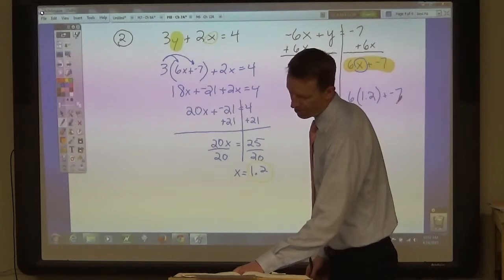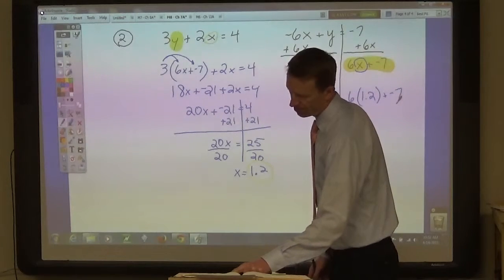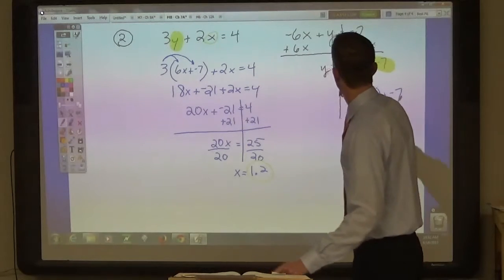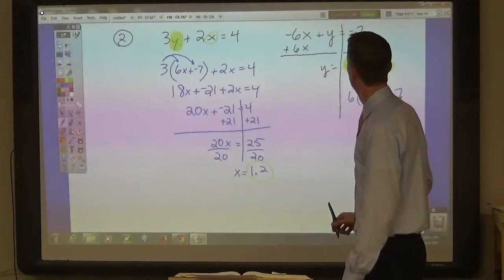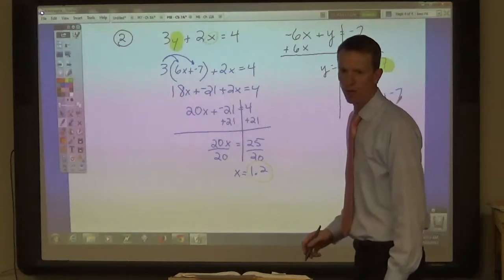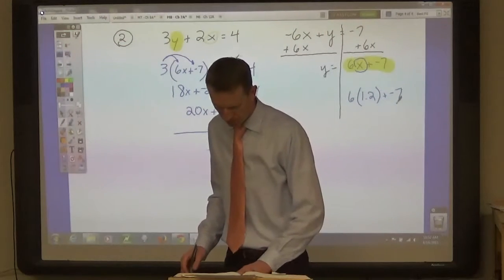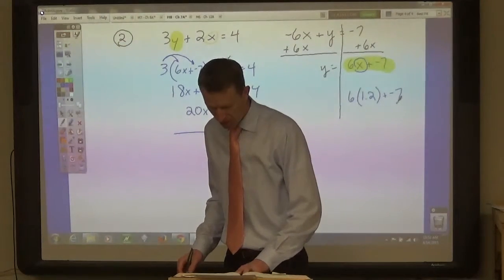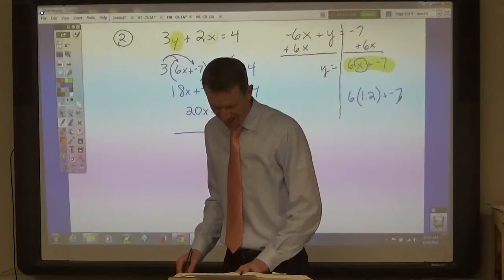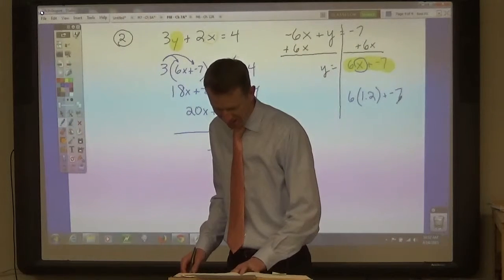Negative 6 times 1.25. It said 1.25 in the example in the book.